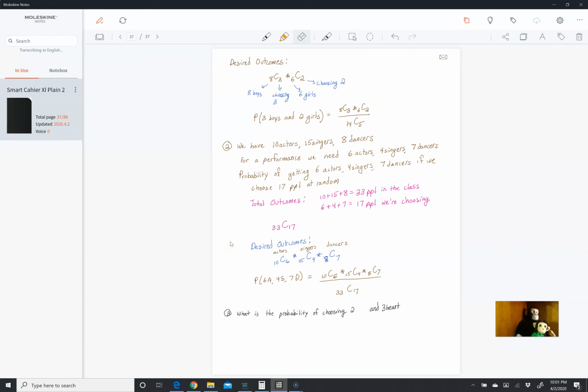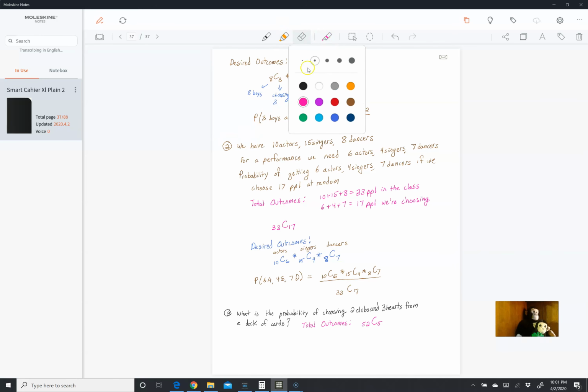Or we'll write clubs. Clubs is nice. 2 clubs and 3 hearts from a deck of cards. Okay. Well, our total outcomes have 52 cards, and we're choosing 5.